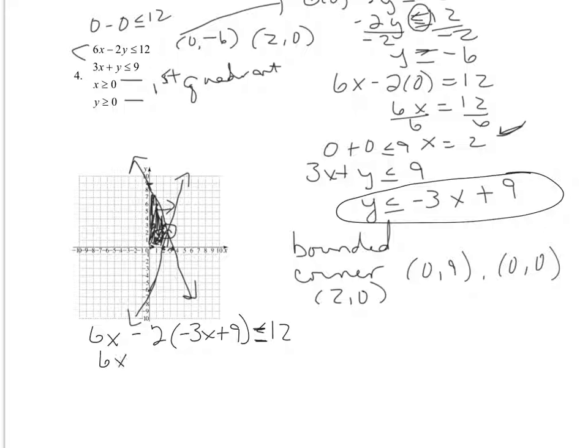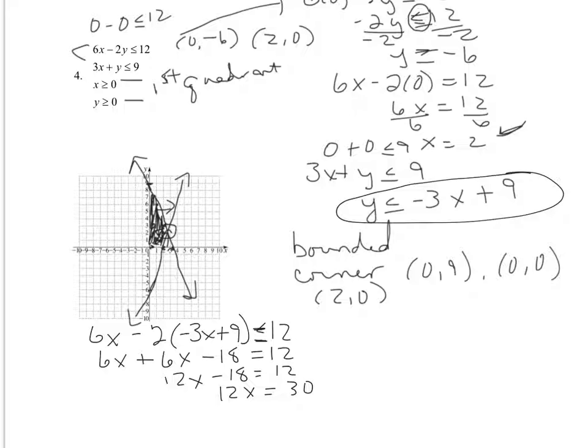And that would give us 6x. A negative 2 times a negative 3x is a positive 6x. A negative 2 times a positive 9 is a minus 18. And that's equal to 12. So I have 12x minus 18 equals 12. If I add 18 to each side, 12x equals 30.